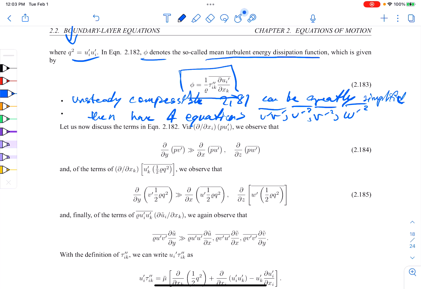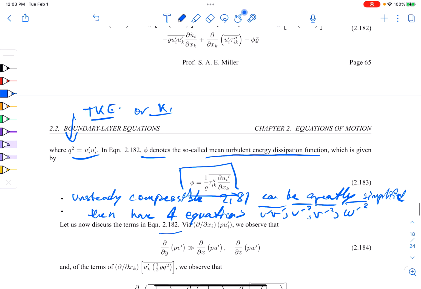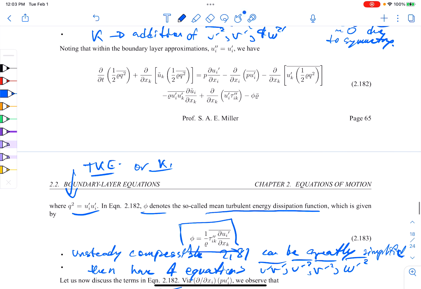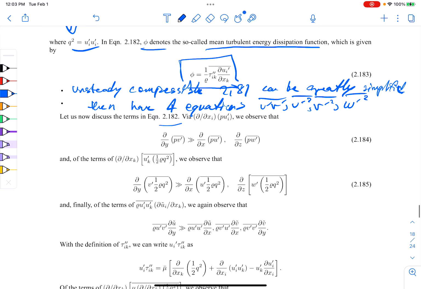Okay, so if we look back at 2.182, right here, and we look at partial xi p ui prime, which is right here, we can make this dimensional argument that in the turbulent boundary layers that are in study, PV prime is going to be much greater than PU prime and PW prime.